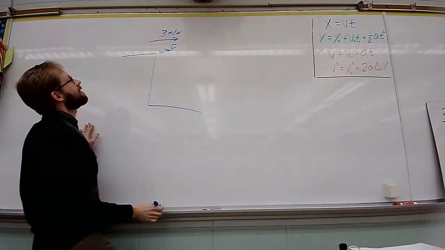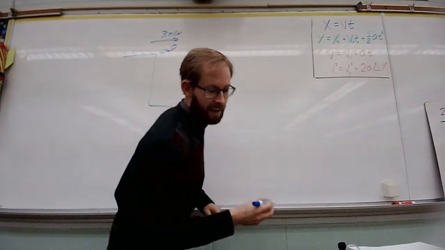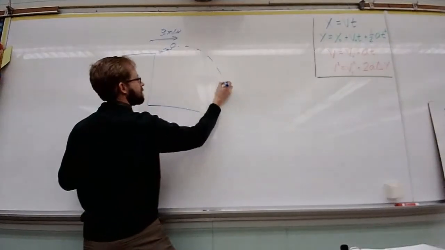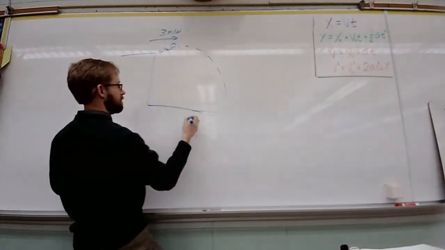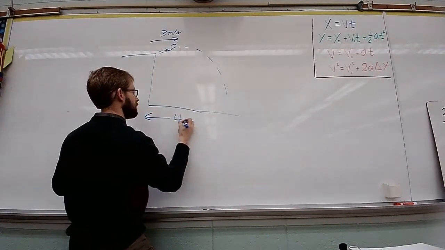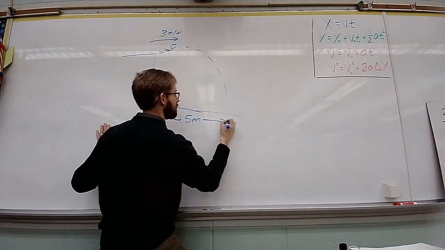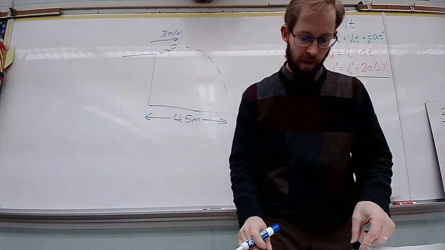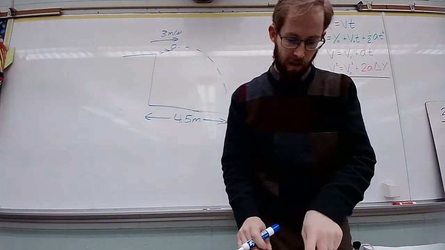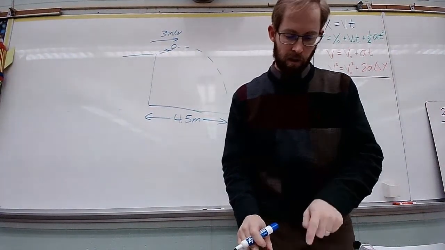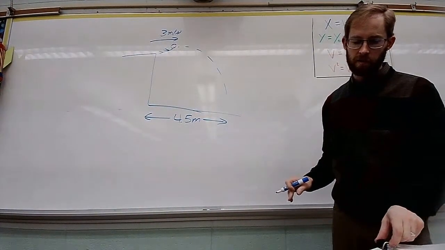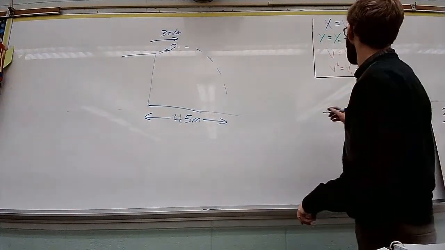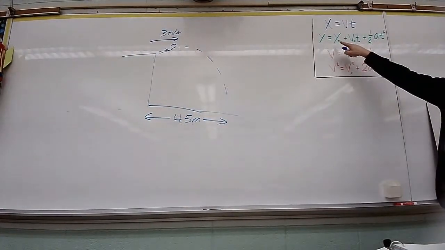And we know that he lands 4.5 meters from the cliff edge. So the question is, how tall is the ledge? If we want to figure out how tall the ledge is, I would probably go to this equation.